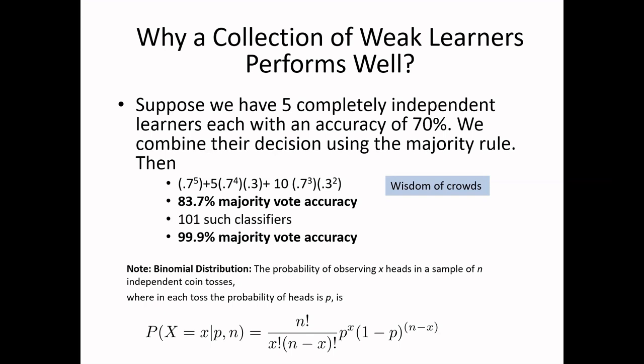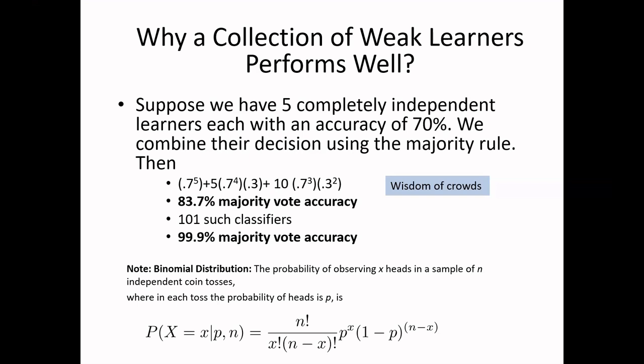given each learner is voting with a 70% accuracy, if we were to follow the majority rule, what will be the resulting accuracy? Since there are 5 learners and we are talking of binary classification, the total number of possibilities is 2 to the power 5, or 32.